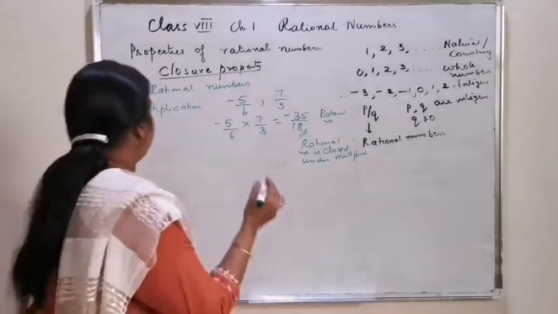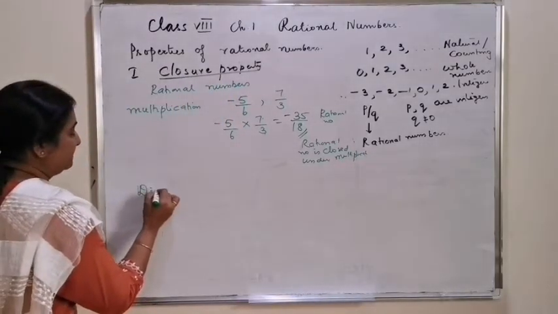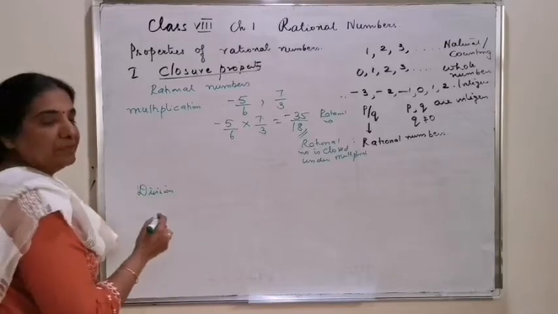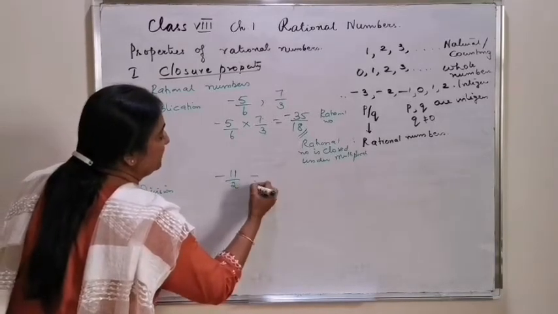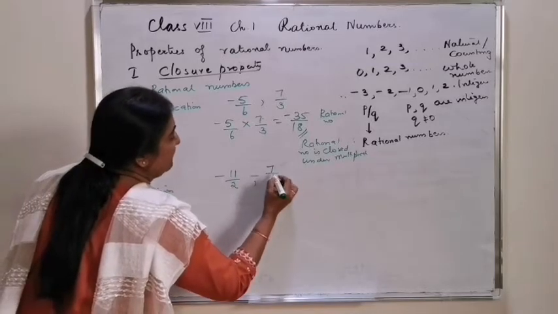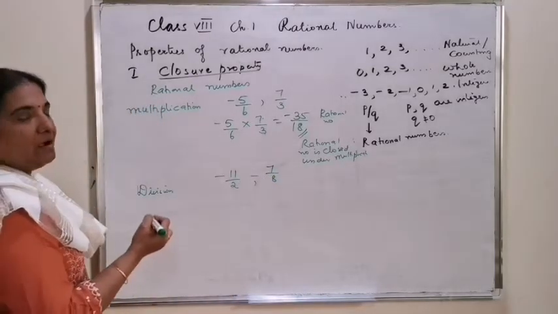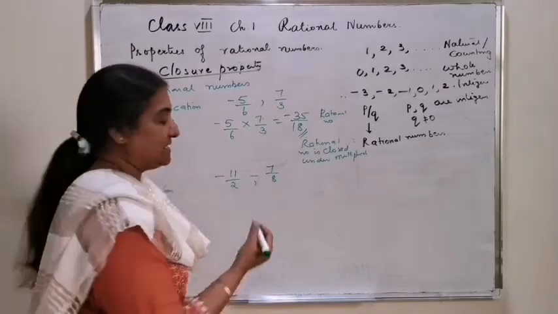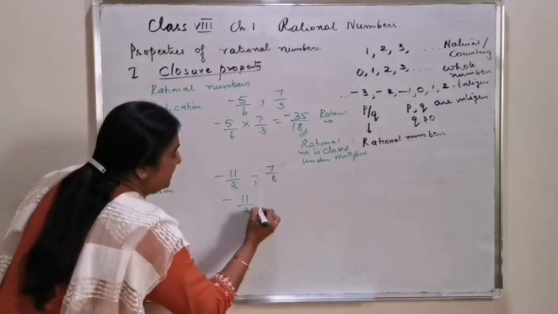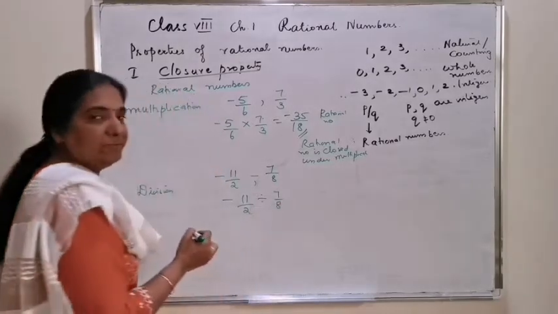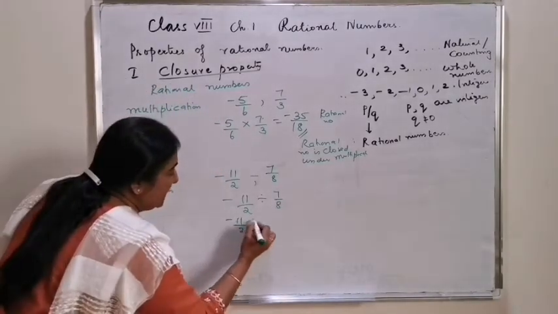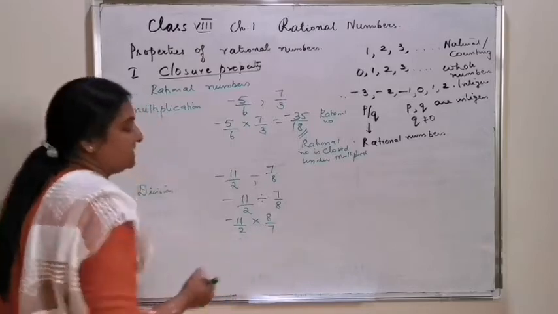The division process. Minus 11 by 2 and 7 by 8. How do you divide rational numbers? Minus 11 by 2 divided by 7 by 8 is minus 11 by 2 into 8 by 7.